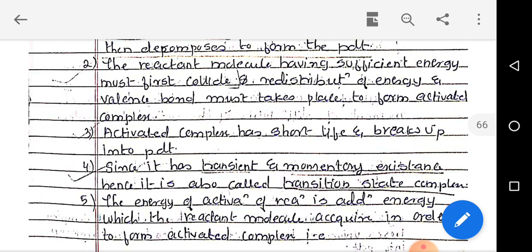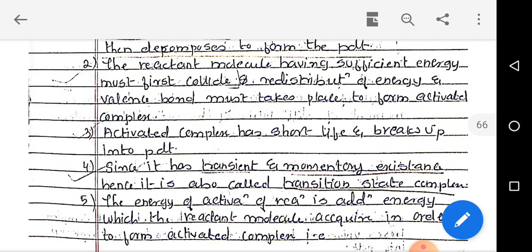The reactant molecules, having sufficient energy, must first collide, and redistribution of the energy and valence bonds must take place to form the activated complex.